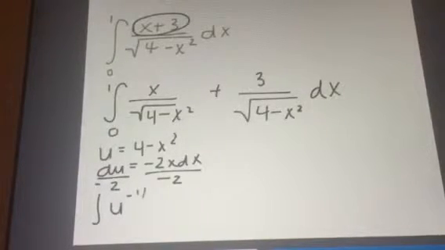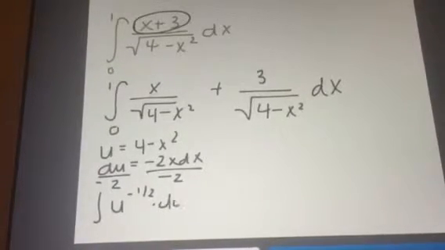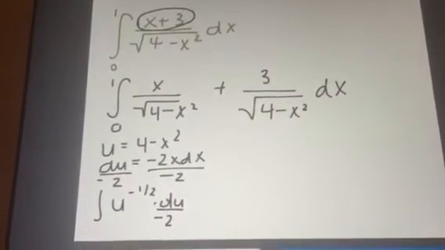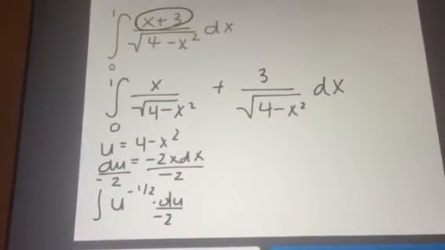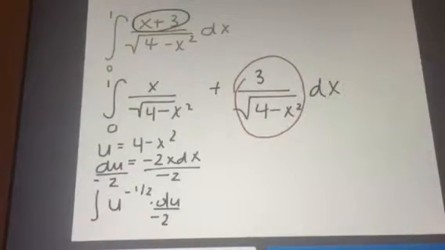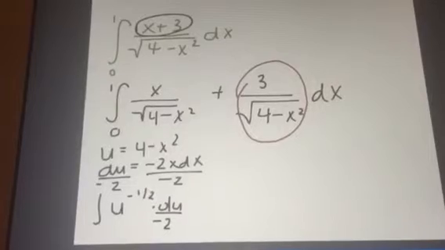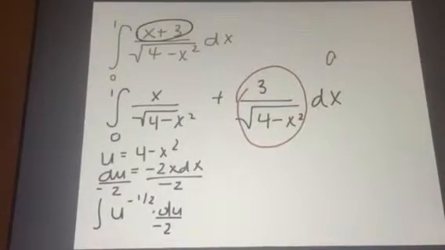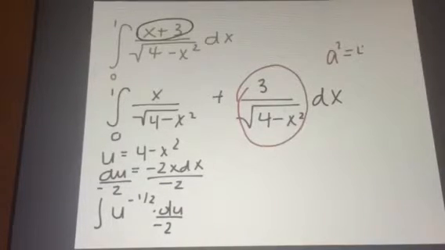U to the negative half times du over negative 2. For this one here, pull out the constant, and then we've got 1 over the square root of the difference of squares. So our a squared will be 4, making our a 2.